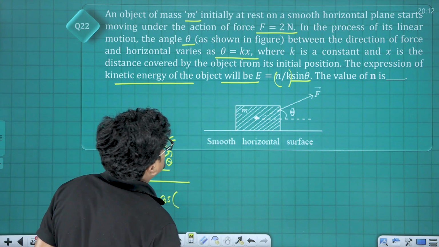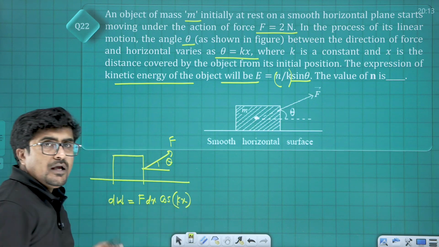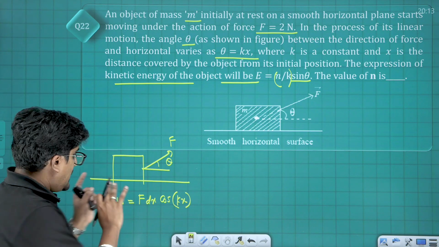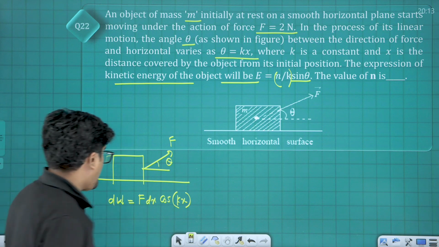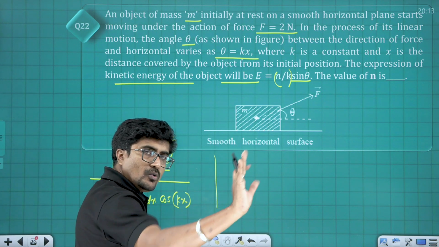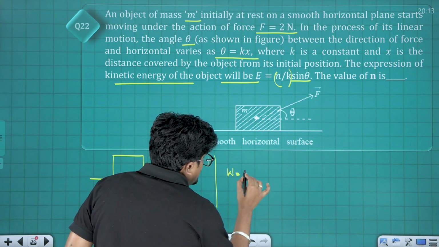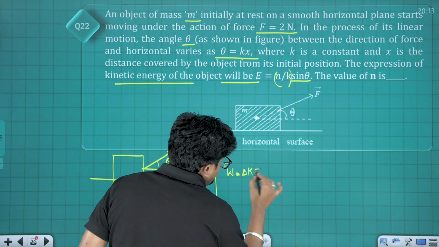And what is theta here? Theta is k into x. If I integrate it for a distance of say x, that is going to be the total work done for the displacement through a distance of x. Then the work done equals the change in kinetic energy.